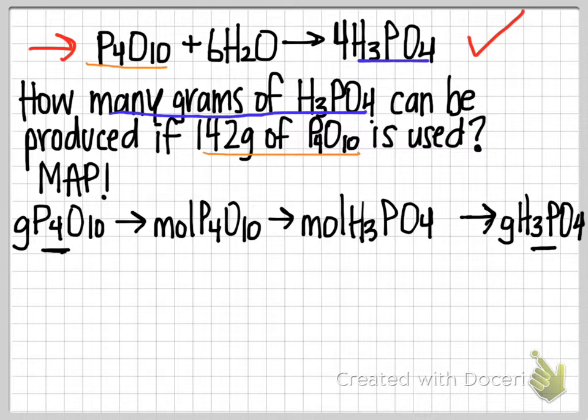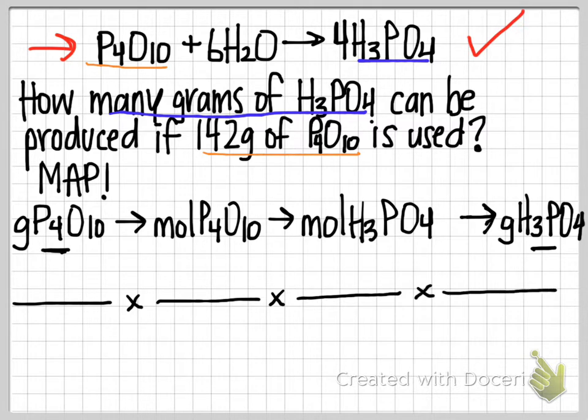So let's try it. We're going to be setting up our equation. I drew 4 different lines because there are 4 different steps. First, we start with given, change it here, then change it here, then change it again here.